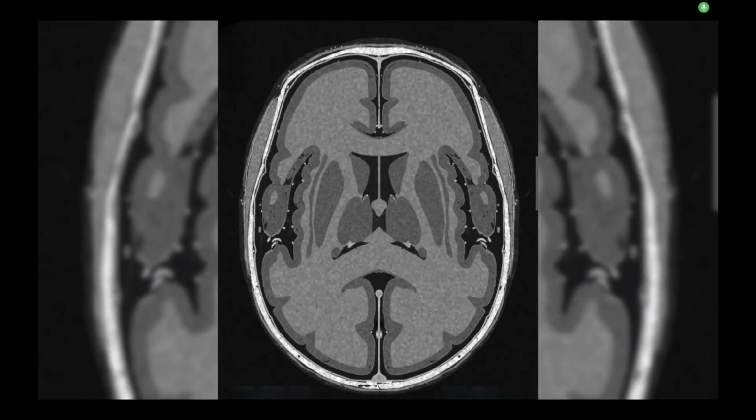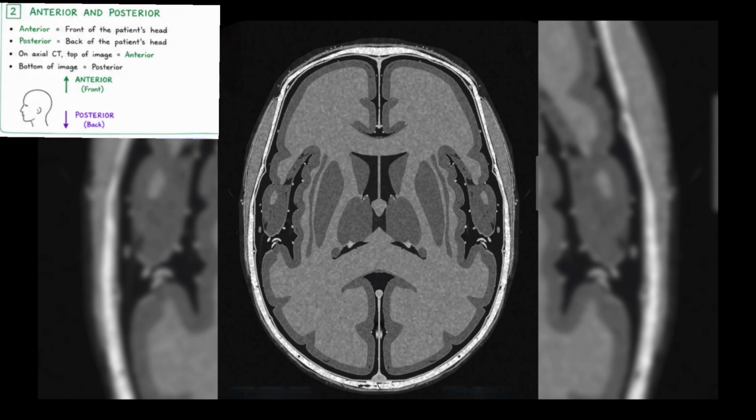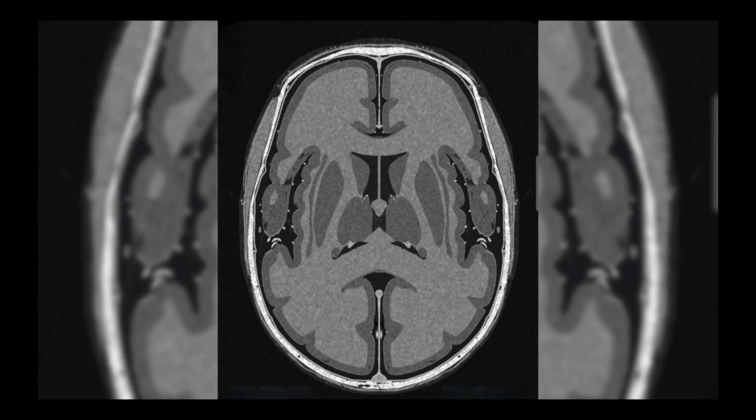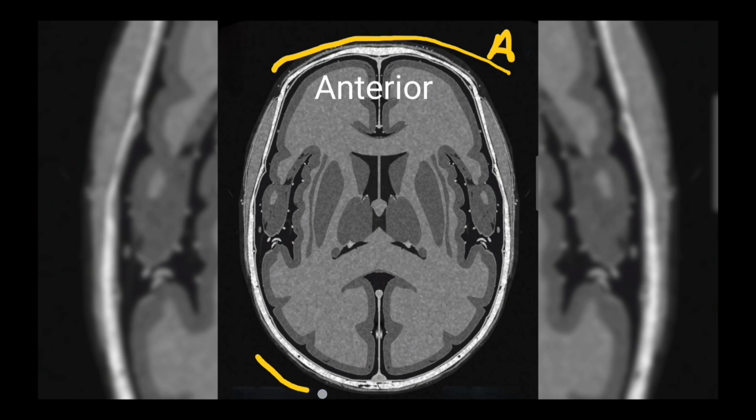Next is anterior and posterior. In the axial image, anterior means towards the front of the patient's head and posterior means towards the back of the patient. So the frontal region is anterior. This is the frontal region, that is the anterior portion, and that is the backward region, that is the posterior portion.